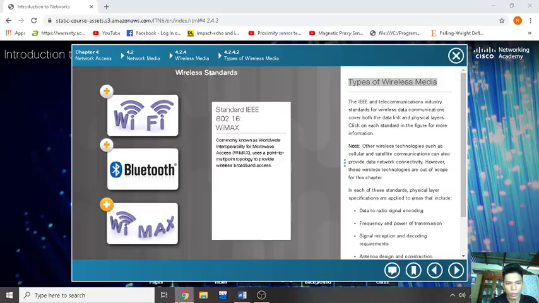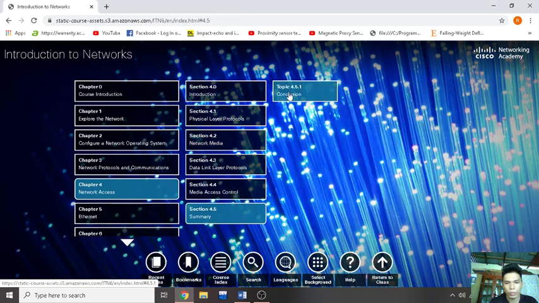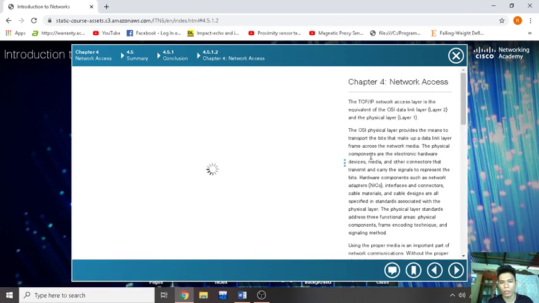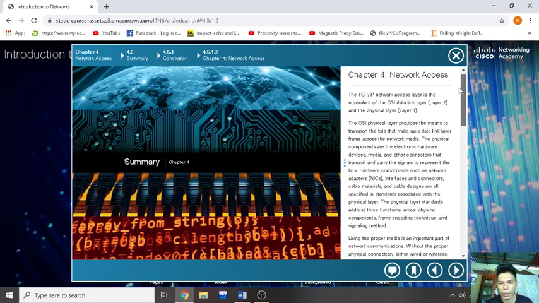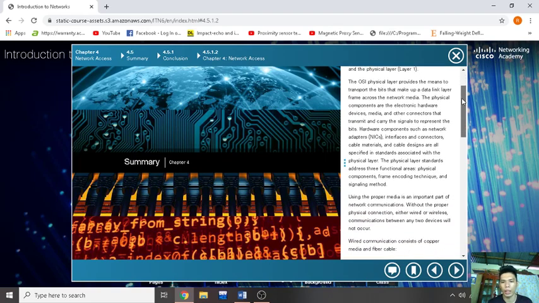So we have this in summary. Chapter 4 is all about network access, and the TCP/IP network access layer is the equivalent of the OSI data link layer.